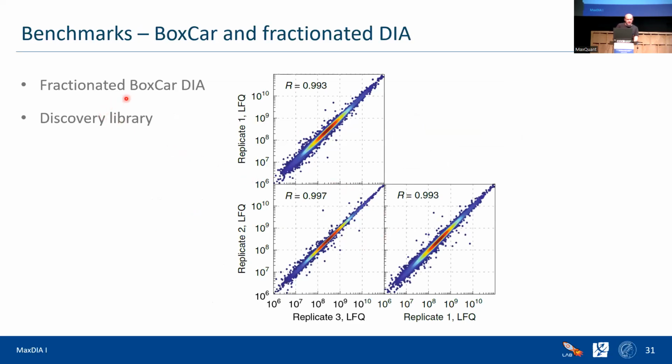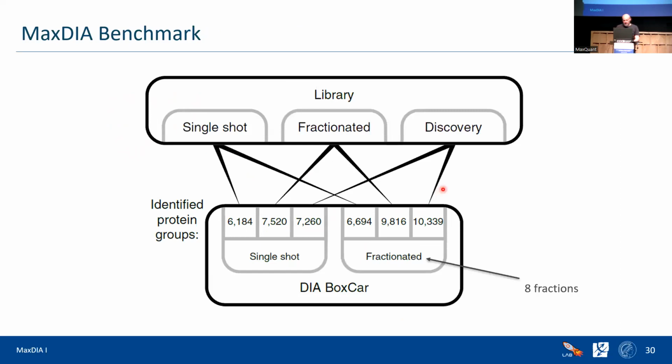This was actually fractionated boxcar DIA using the discovery library, and you see you get very good correlation between samples in terms of Pearson correlation. Just to describe what we did here, we had a single shot library, we had the deep fractionated measured library, and we had the discovery library.